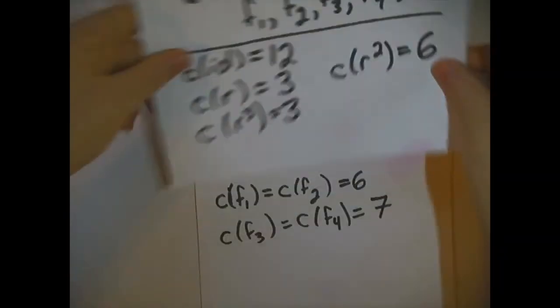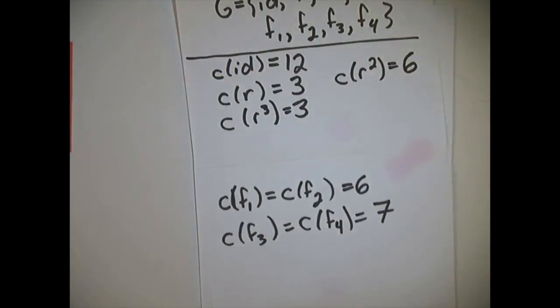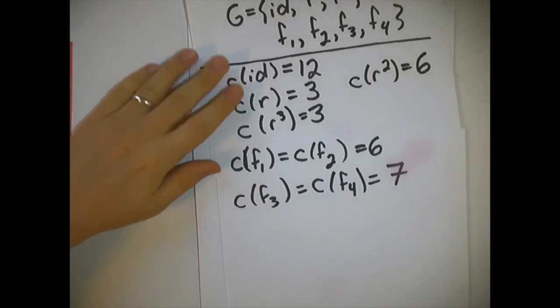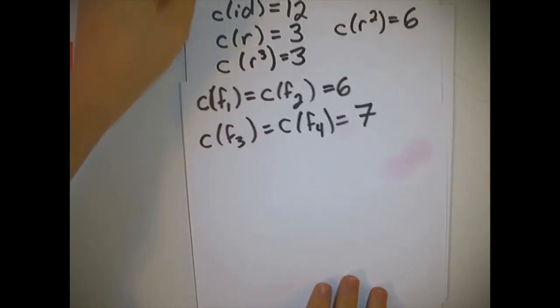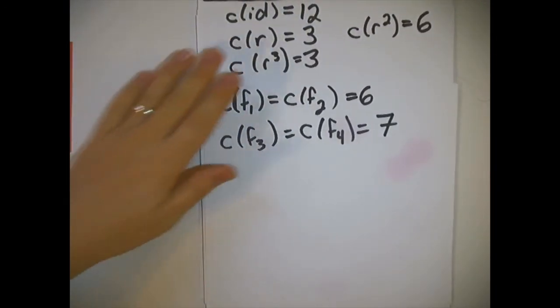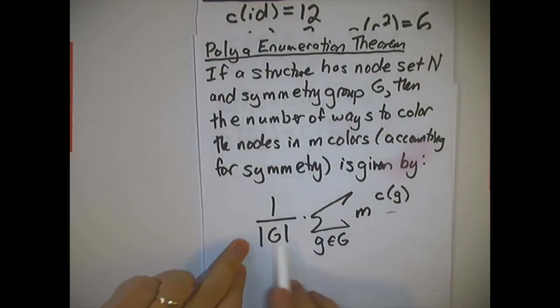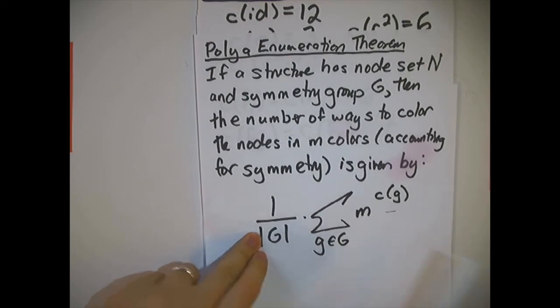So that gives us all of our cycle numbers. And so once we have all of our cycle numbers, we can pretty straightforwardly apply our new favorite Polya enumeration theorem.